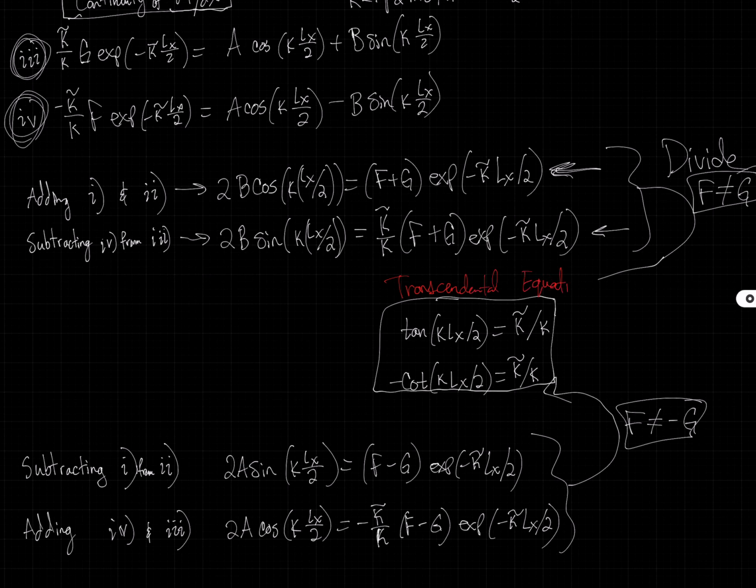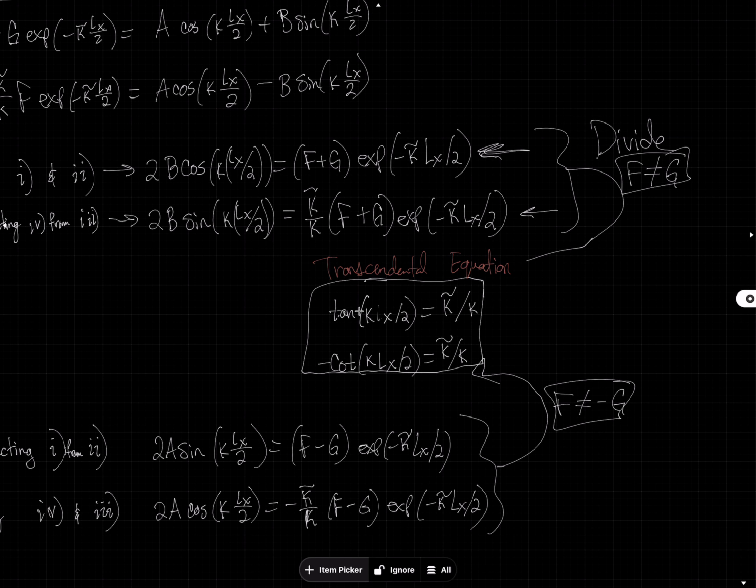What this means is that there are only particular values of E that make this equation true, because we recall that k is proportional to the square root of E, right? And kappa is proportional to the square root of V naught minus E.